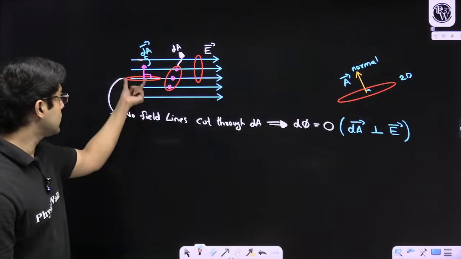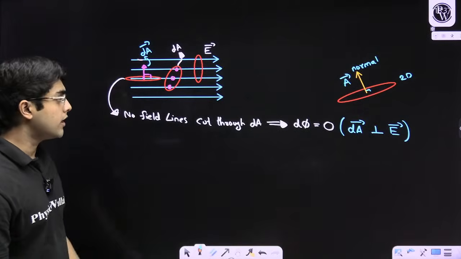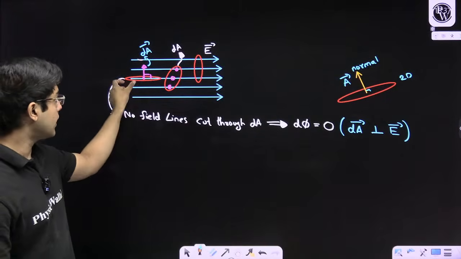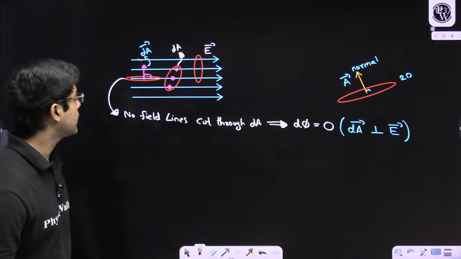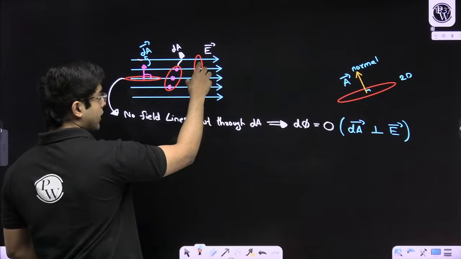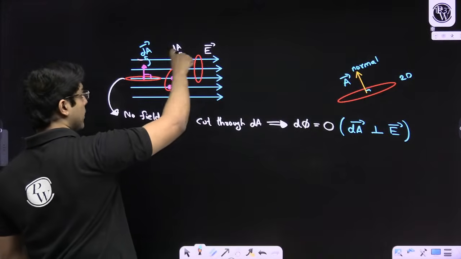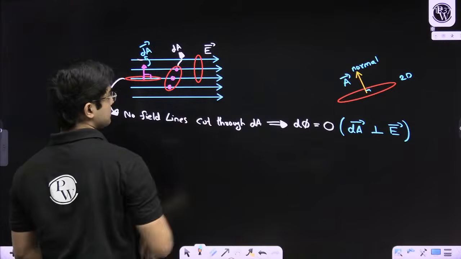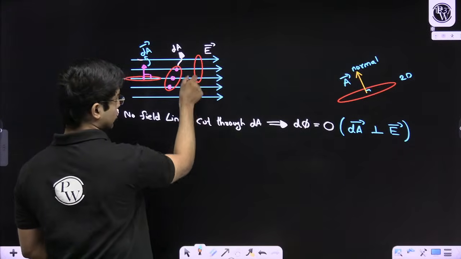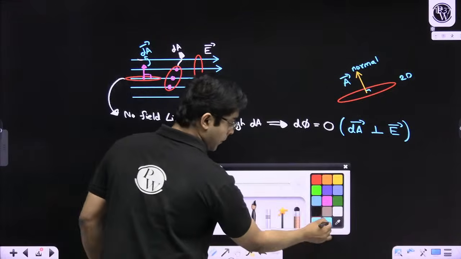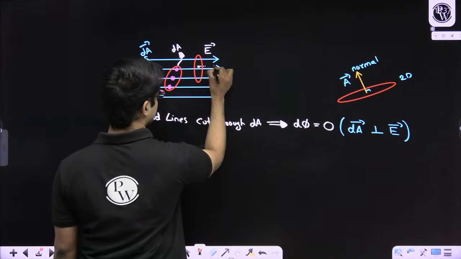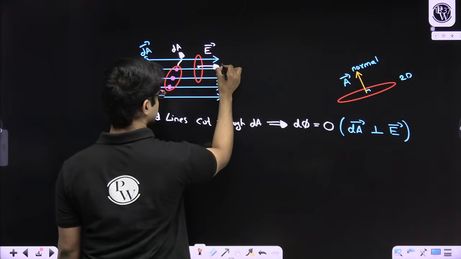As we discussed, electric flux is a measure of the number of field lines crossing the surface. So you can just use logic and understand that if you place this area perpendicularly to the field lines, this is when the maximum number of field lines can cut through this area. So in this case, let's say I choose the area vector in this direction.